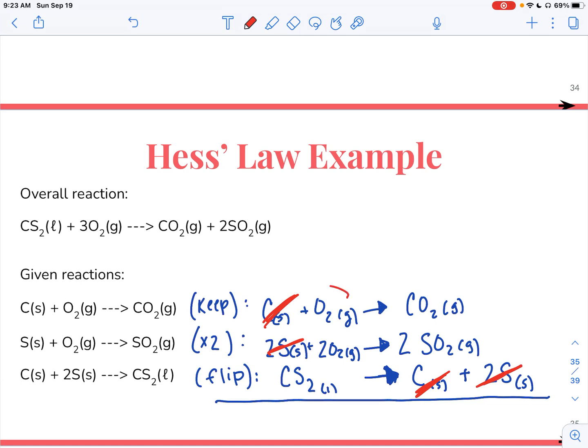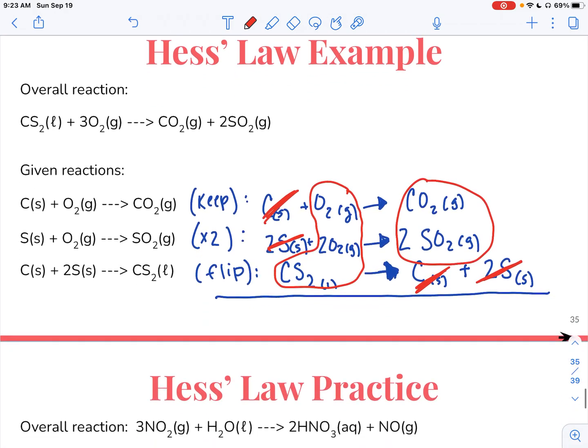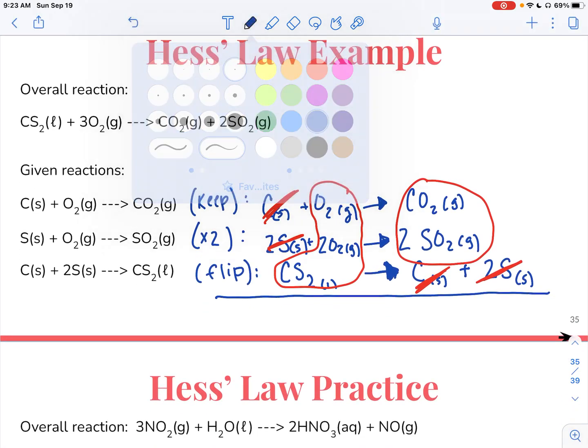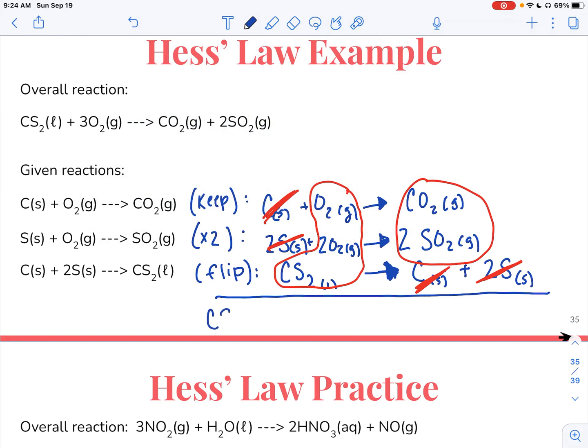So now I can take all of this and add it together before the arrow, and all of this and add it together after the arrow. And you can also combine like terms. By that I mean we'll have CS2 liquid. And then we have 1 O2 here, 2 O2 here, so I'm just going to combine that to 3 O2.